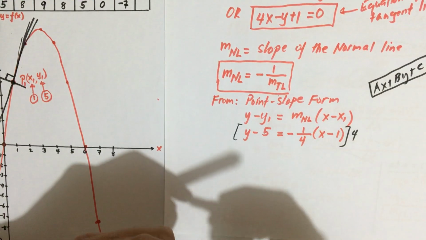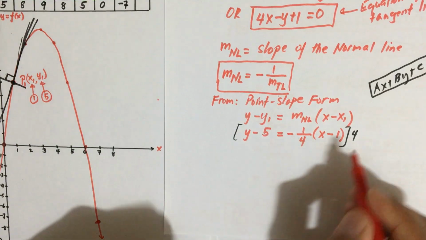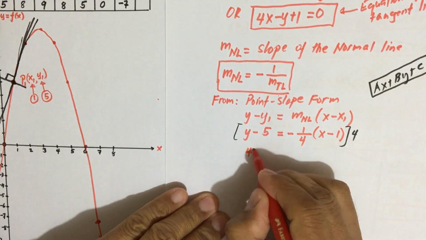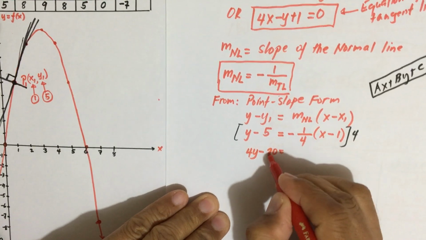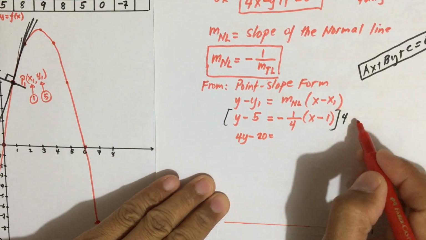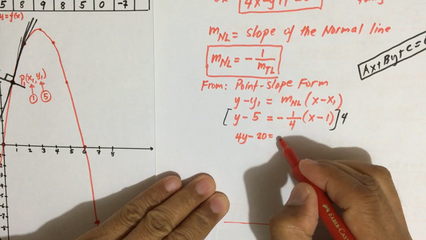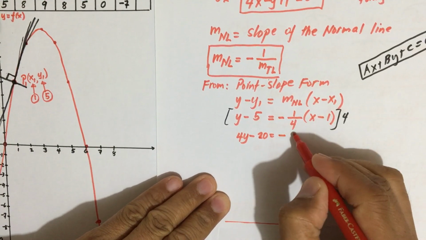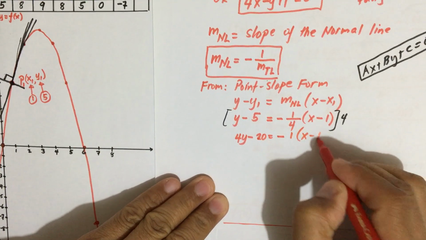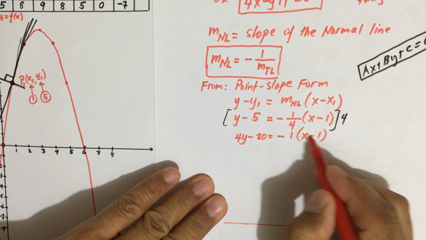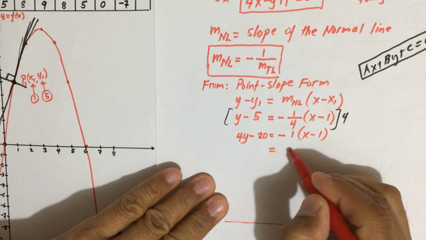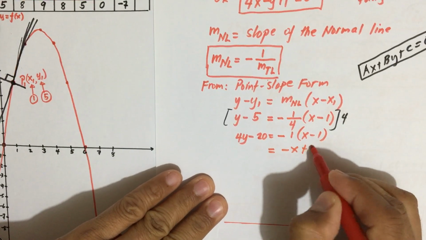So we have 4 times y minus 4 times 5, which is 20, equals 1/4 times 4, so that becomes 1, so you have negative 1 times x minus 1. Distributing, multiplying each term by negative 1, we have negative x plus 1.